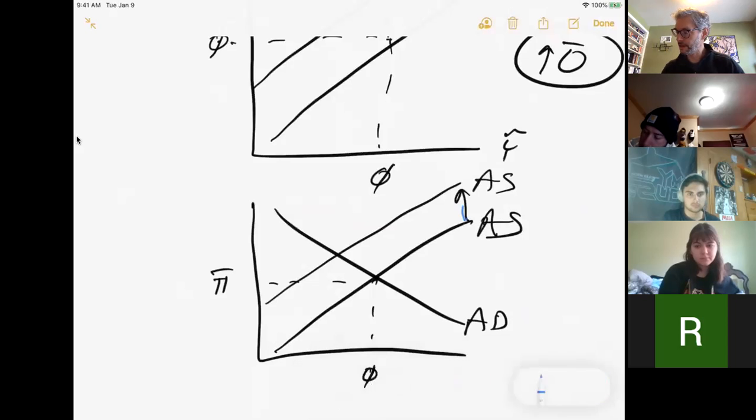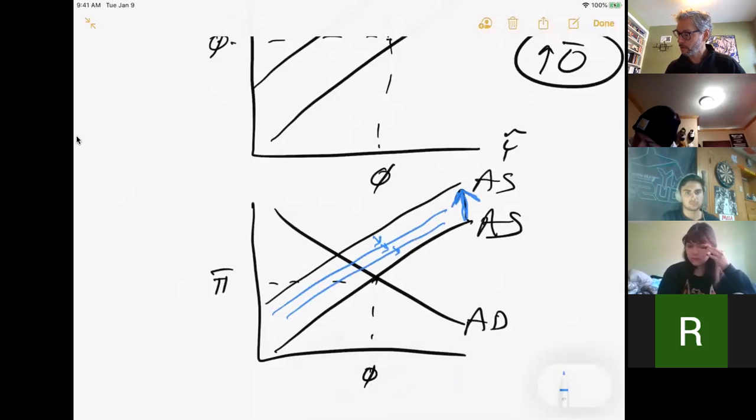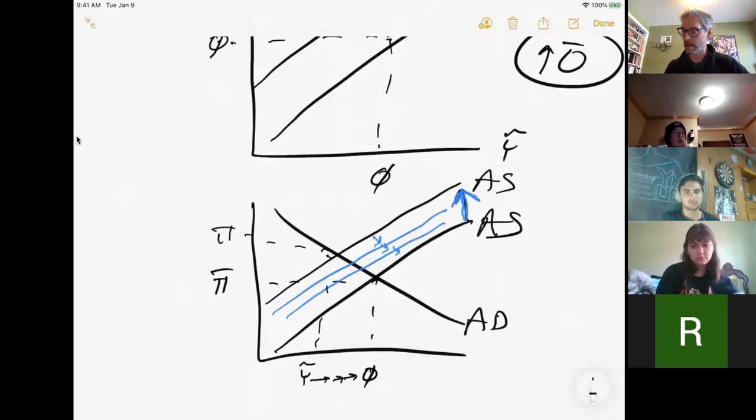So first period, aggregate supply goes up, and then aggregate supply shifts back over the next few periods until in the long run, while short run output fell, it's going to go back to zero. Likewise, inflation immediately goes up, but then it's going to go back to our long run target over time, okay?